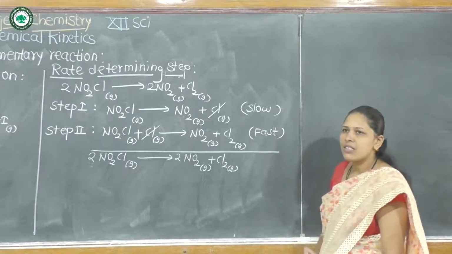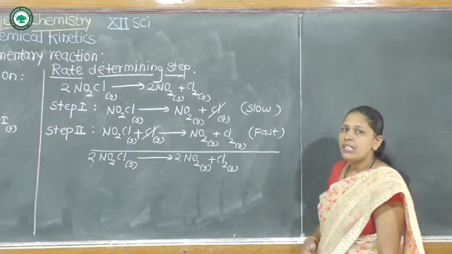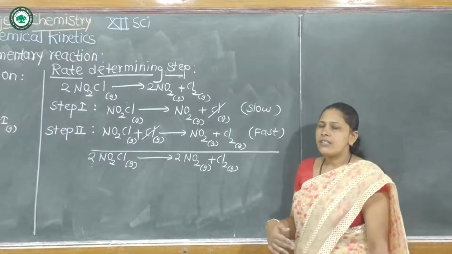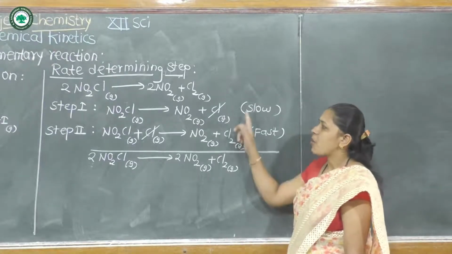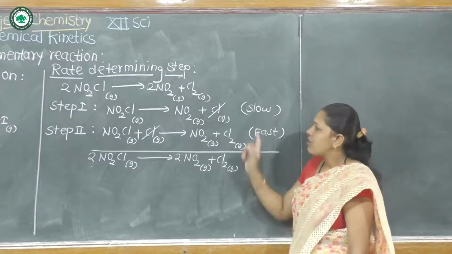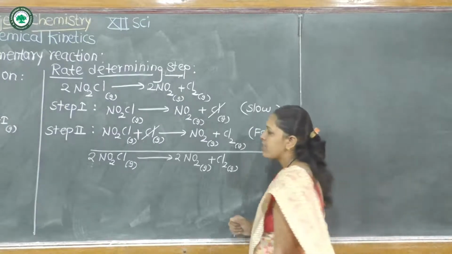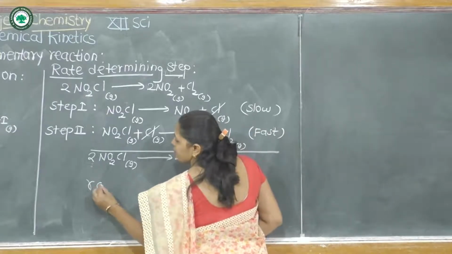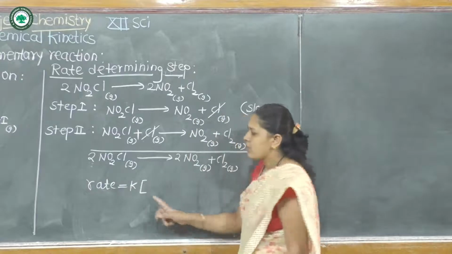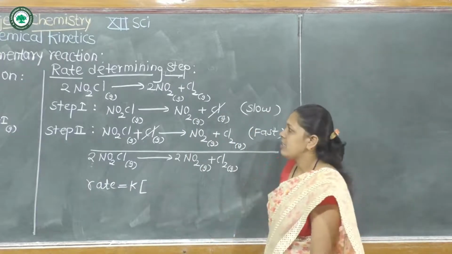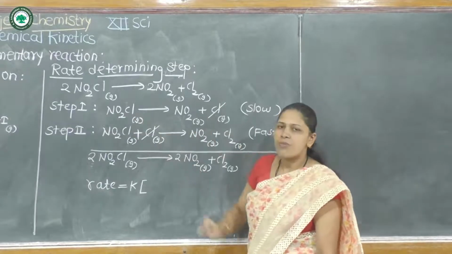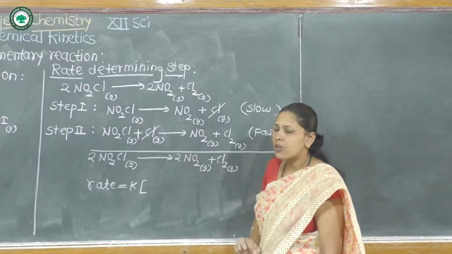From this reaction, we can directly determine the order of reaction and the rate law from the slow step. Therefore, the first step is the slow step. From the slow step, we can write the rate. Rate is equal to rate constant multiplied by concentration of reactant. Here in the first step, the reactant is nitryl chloride.